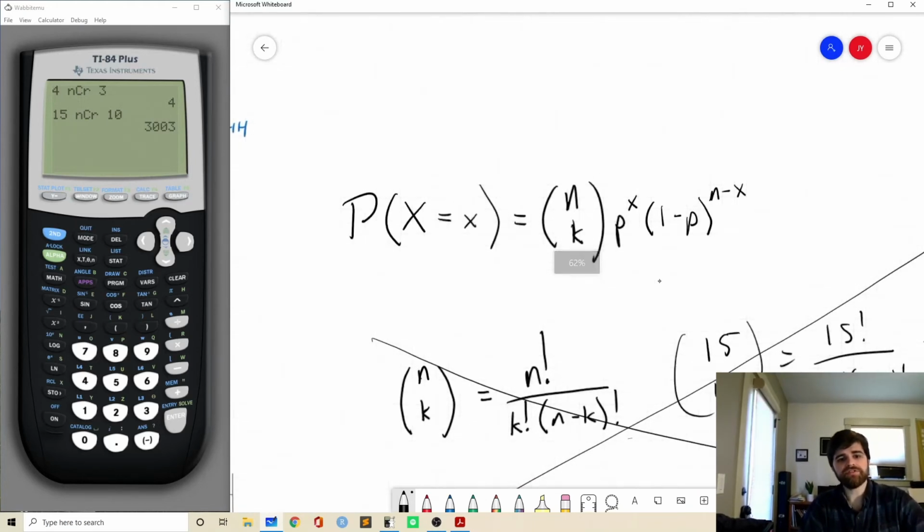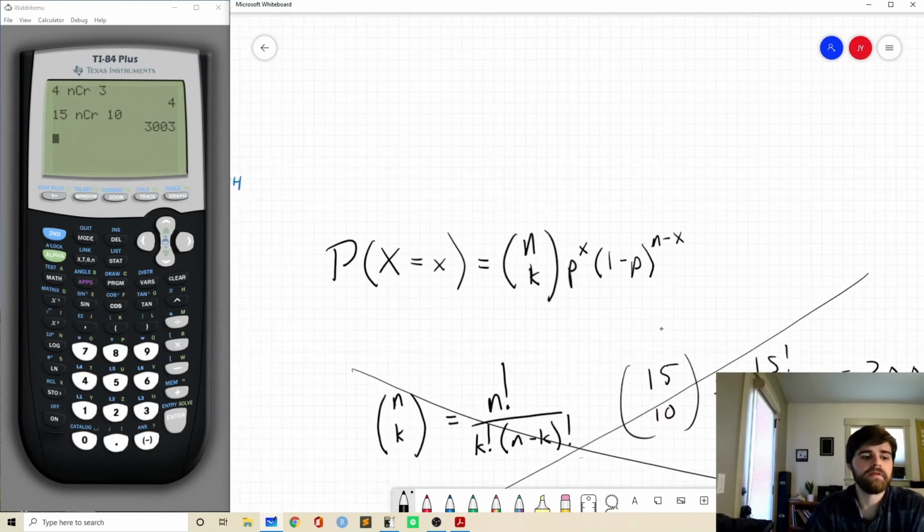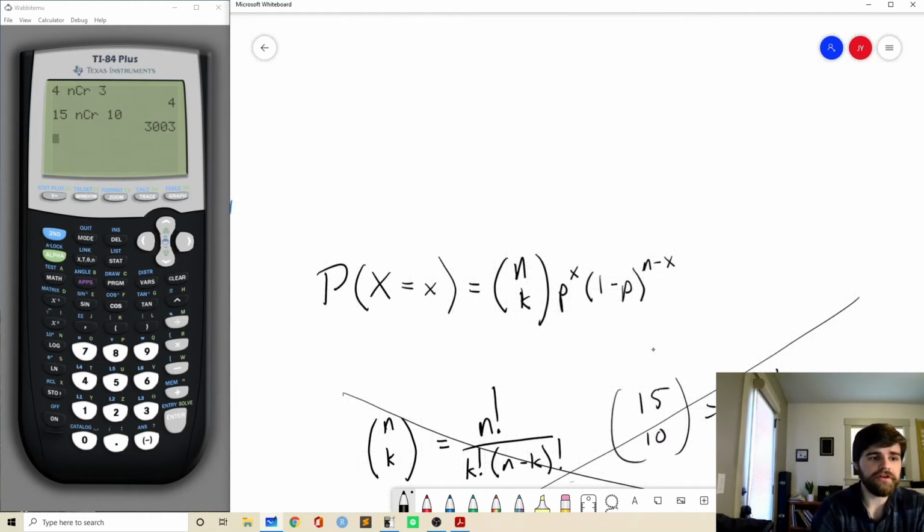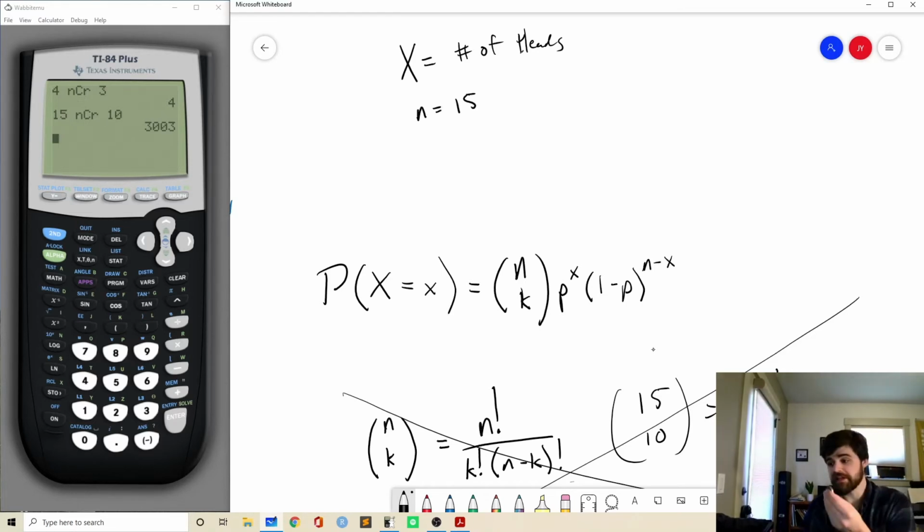So we've actually already kind of discovered this formula. But let's say we wanted to do something more complicated. So let's say we want to figure out what's the number of heads I could get. So that's our random variable. But let's say instead of doing 4 flips, I'm going to flip this coin 15 times. And I'm interested to know what's the probability that I get 10 out of 15.